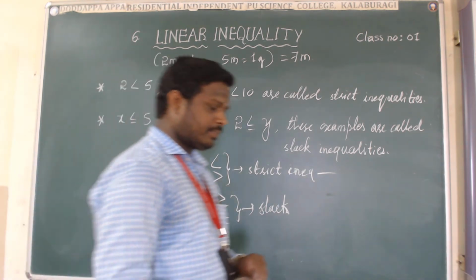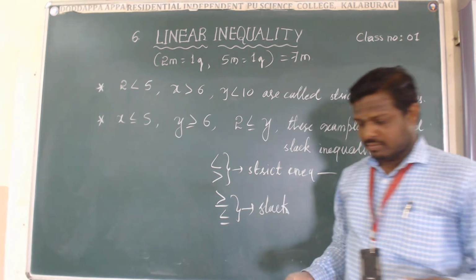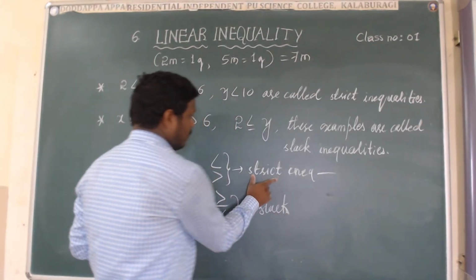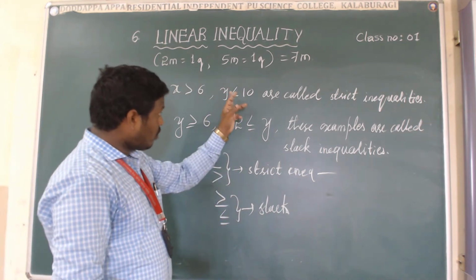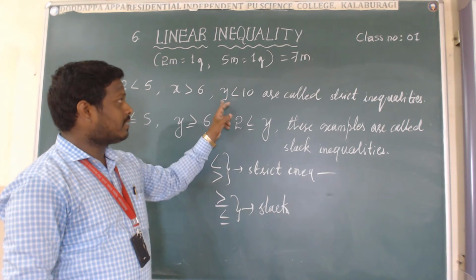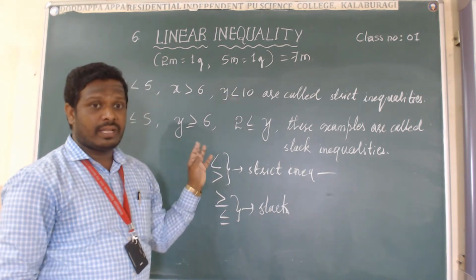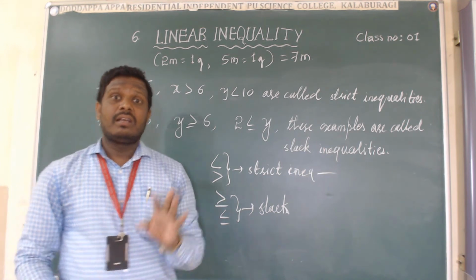Loose, not tight. Full tight means it is full strong. It is less than 10 only. The y value is always less than 10 only. Such examples are called strict inequalities.